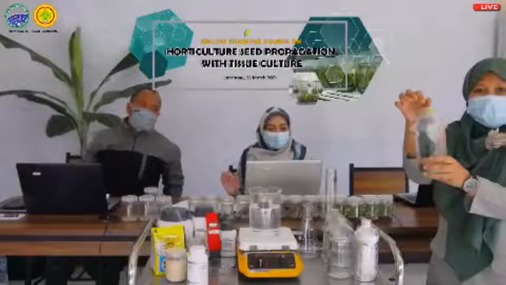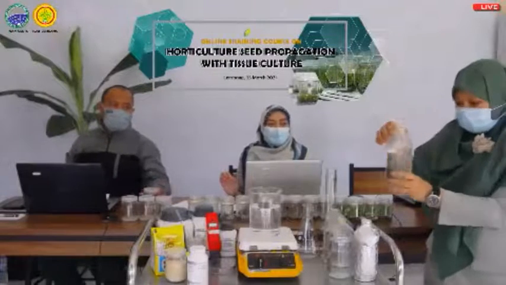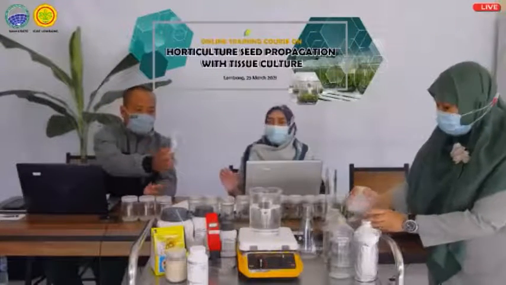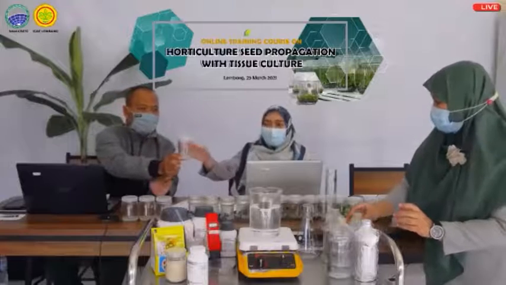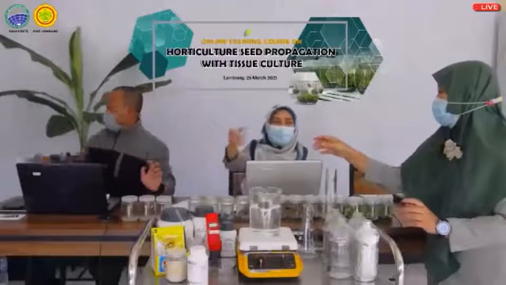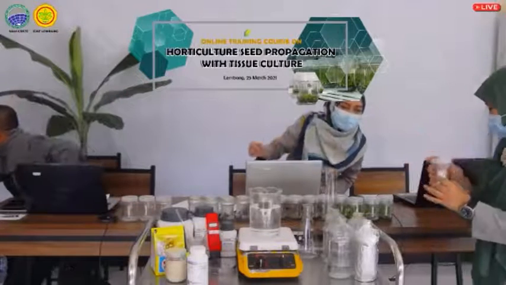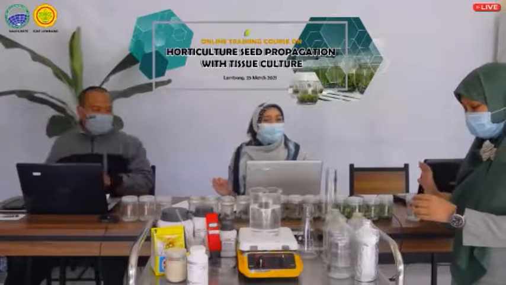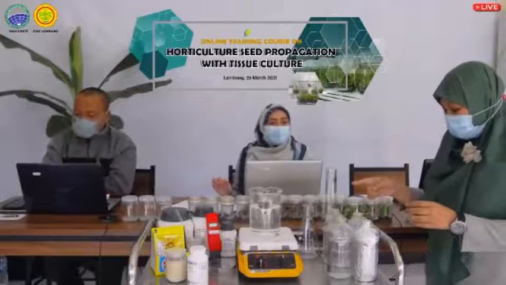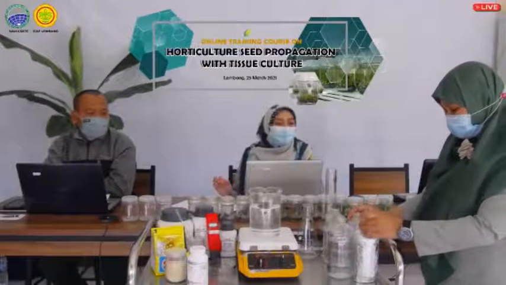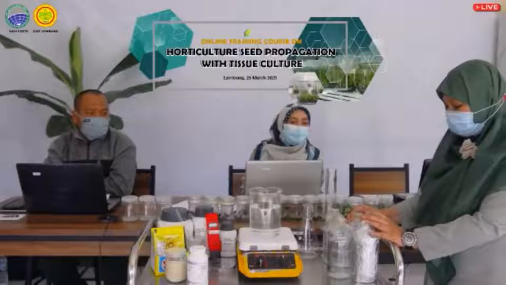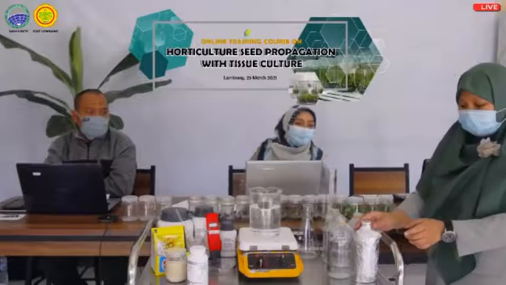We can use the plastic also, for the stock solution. And actually, this is for the culture media, but you're asking about the stock solution. So we can use the regular cap, or also the plastic, and also aluminum foil.